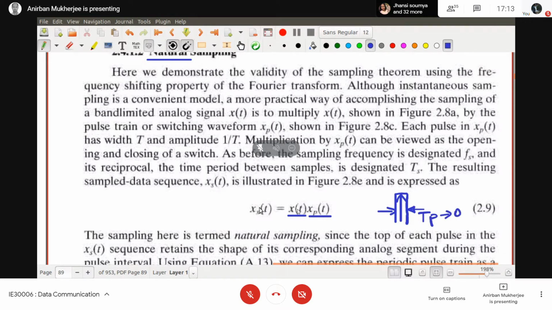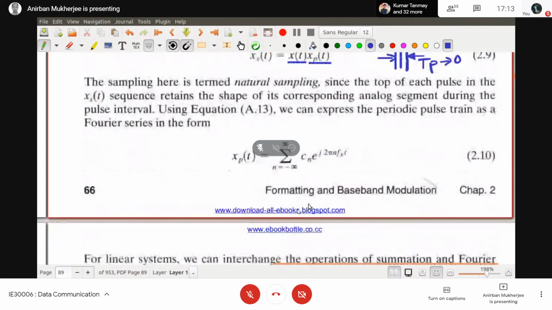Now in this natural sampling, for x_p(t) you can do some sort of Fourier series analysis where c_n is the coefficient. This is my Fourier series synthesis equation.